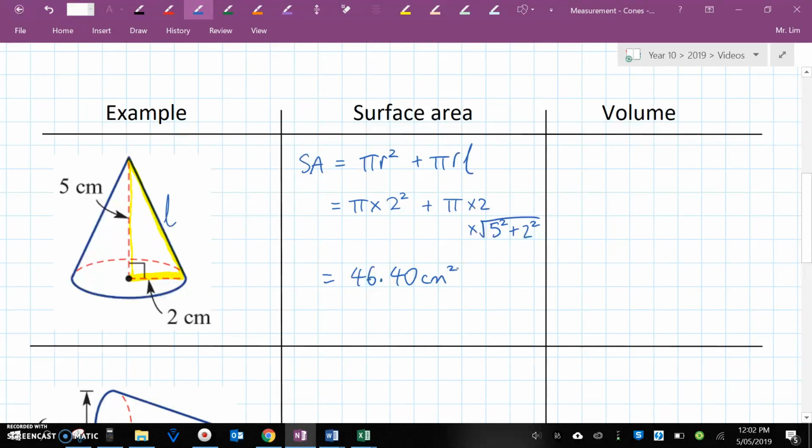Now, if the question asks you, what is the curved area? The curved area is just this bit, which means you only need to do this bit in your calculator, only if the question asks you what the curved area is.